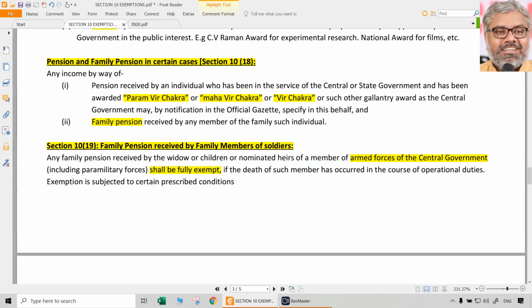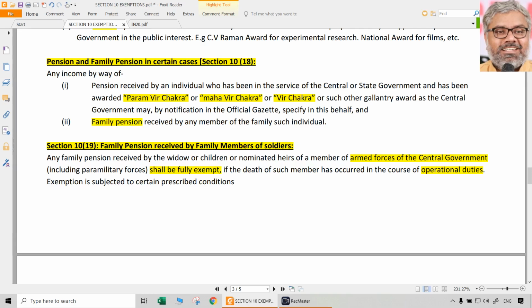Conditions apply. If the death of such member has occurred in the course of operational duties. Operational duties means maybe while combating the enemies, they would have died in the fight. Then the family pension received by those families of the brave soldiers will be exempt. Of course, a lot of conditions are also there.